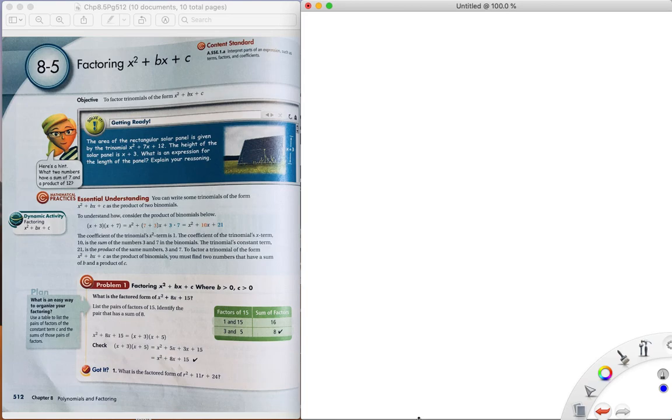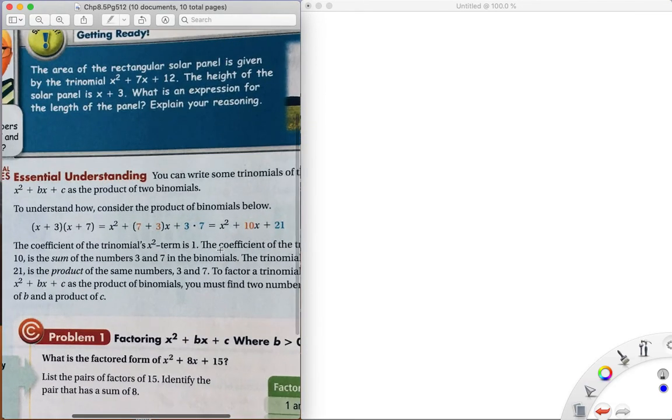When we are factoring a trinomial, we're going to try to factor a trinomial into its 2 binomial components. The best way is to just get into it.